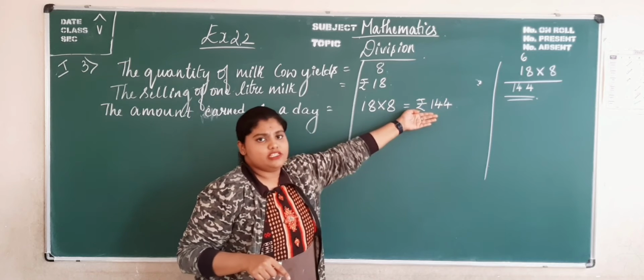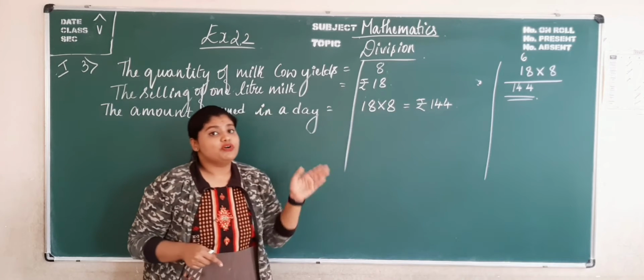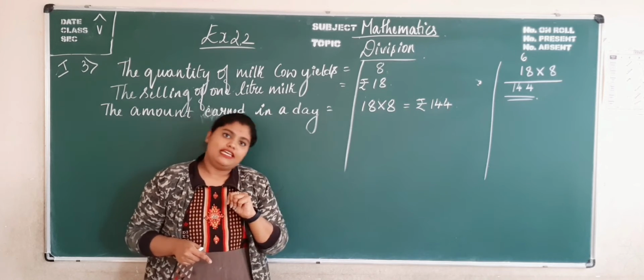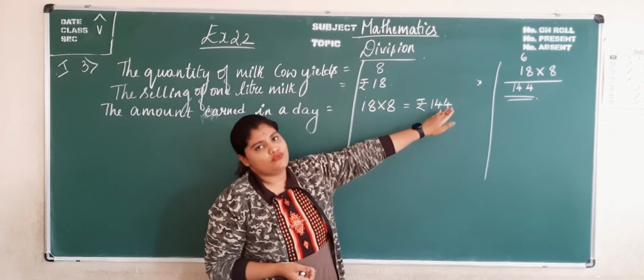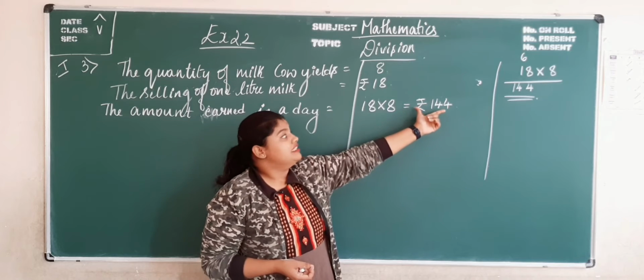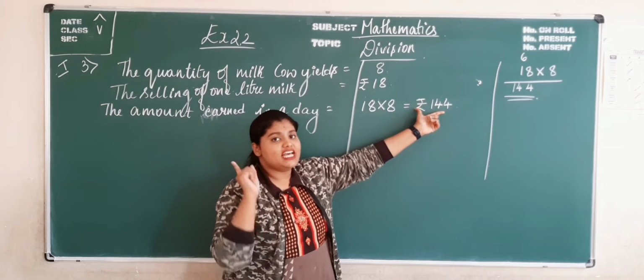Now using this information, can I find out the amount earned in 30 days? Yes, I should multiply 144 into 30, because this is the amount earned by Anita in a single day.